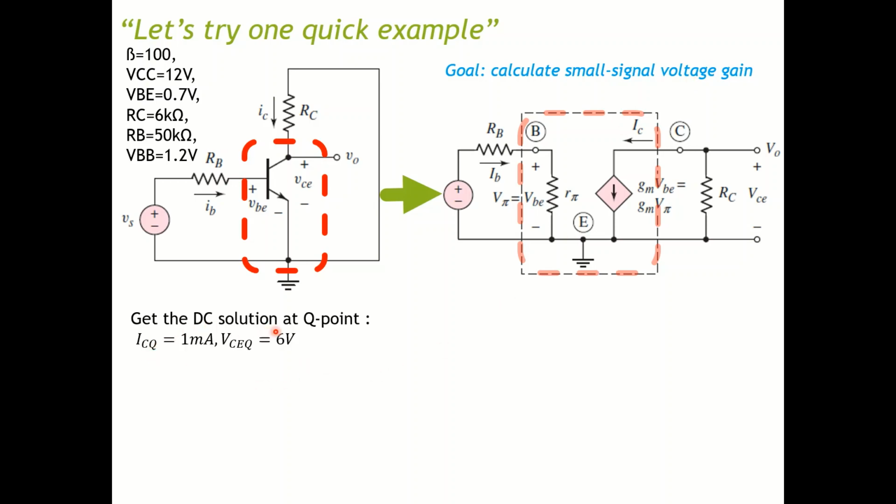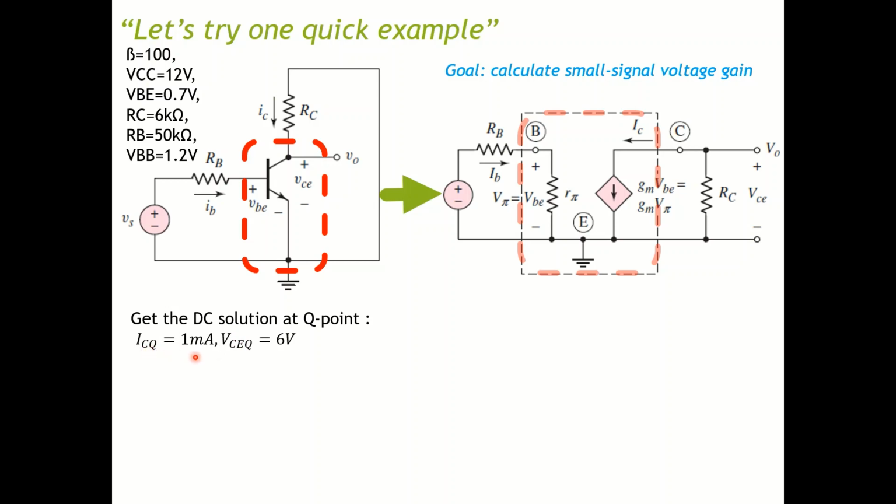I'm going to cheat a little bit here. We'll assume that we can quickly apply the DC portion of the previous lecture to derive my ICQ. Basically, I need to have the DC solution at the Q point.